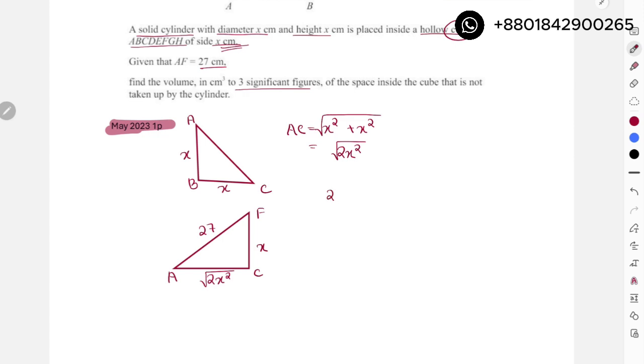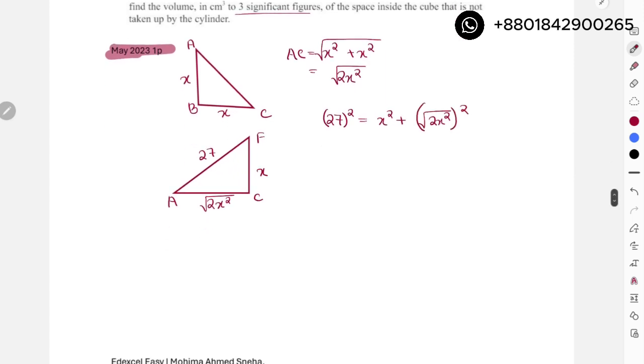So we have 27 squared equals x squared plus root 2x squared squared, and on top of that we have another x squared. 27 squared gives 729. The root and the square cancel each other out, leaving you with 2x squared.